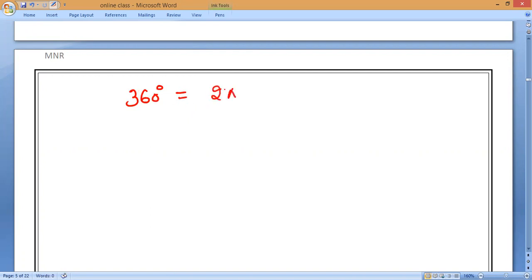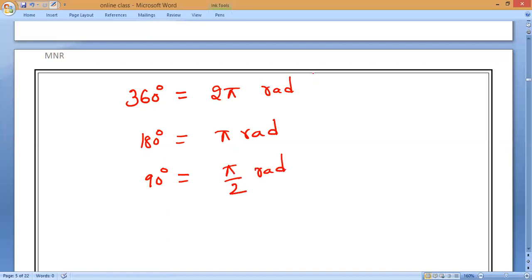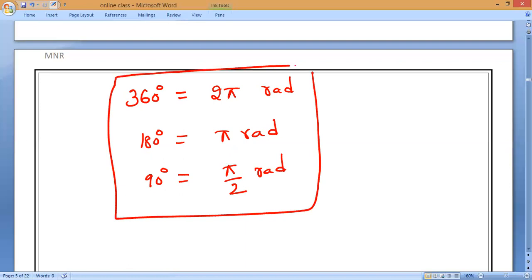So 360 degrees is equal to 2 pi radians. 180 degrees is equal to pi radians. Same way, 90 degrees is equal to pi by 2 radians. These are very important relations which will help you in numericals.